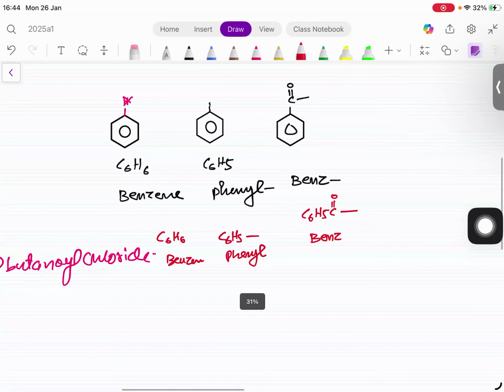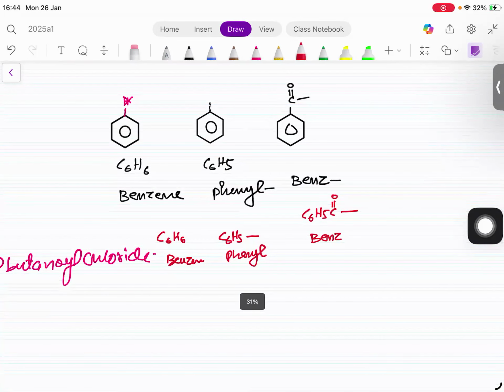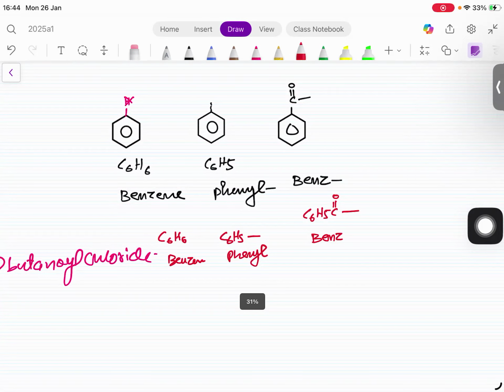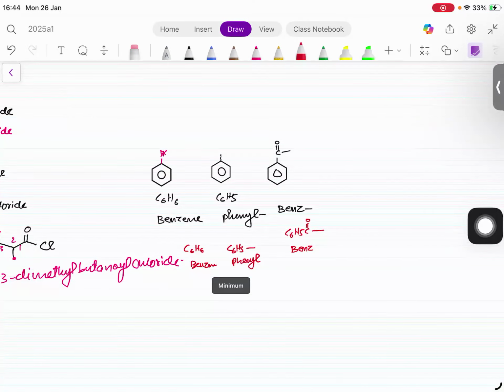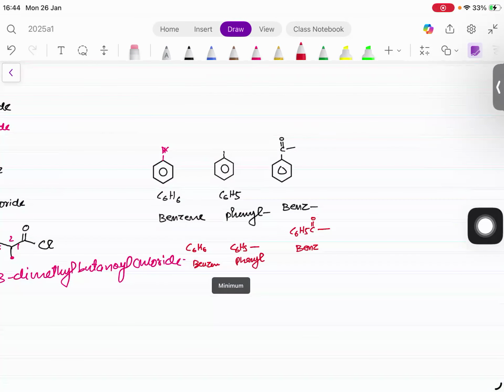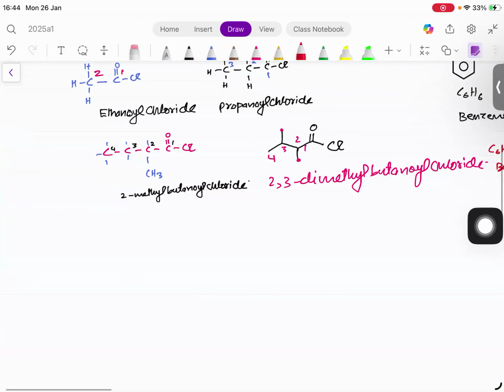That becomes C7. C6H5CO is benz, but phenyl is C6H5. Now coming back to this.